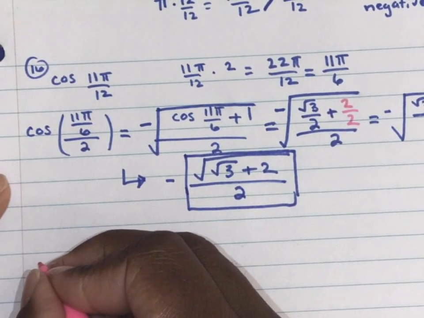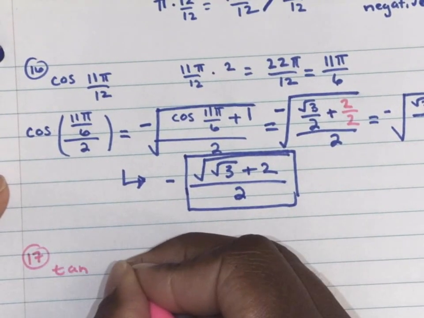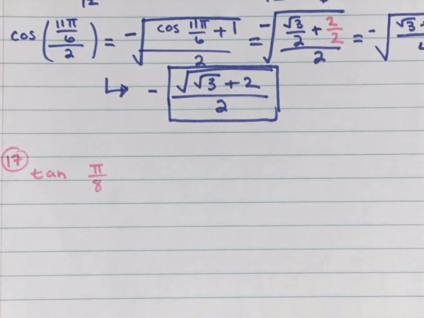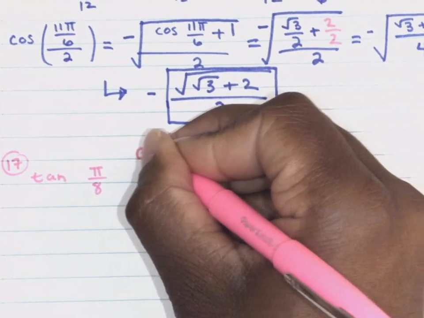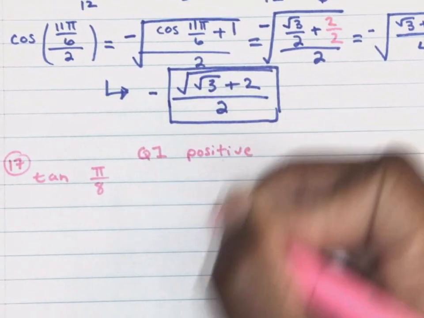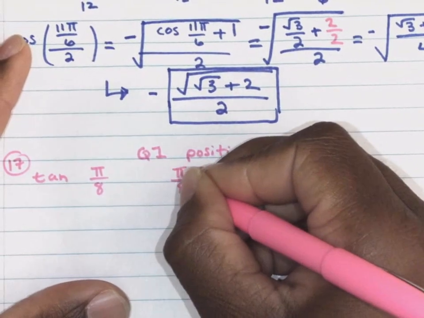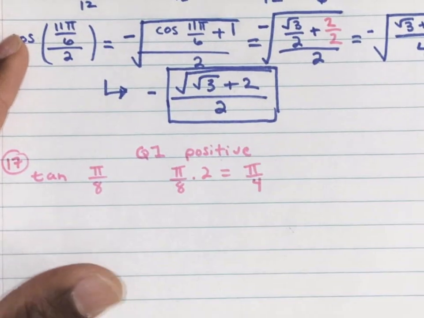All right, and tangent. Well, pi over 8 is smaller than pi over 6, so this angle has to be in quadrant 1, so I know it's going to be positive when I choose from the half angle. Let's double this angle. Pi over 8 times 2 equals pi over 4.